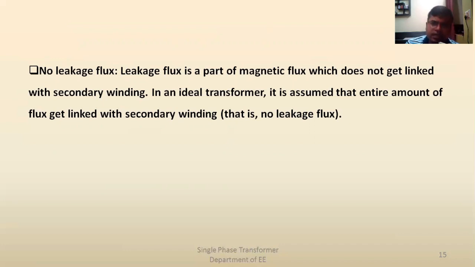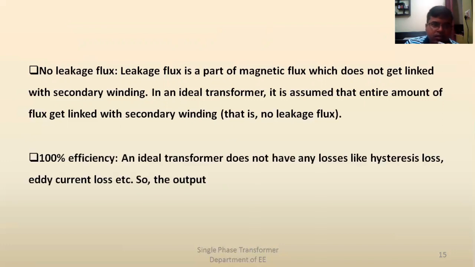Due to this, a certain voltage drop happens. We will take all this into consideration while deriving the equivalent circuit of the transformer, right? So in an ideal transformer, it is assumed that the entire amount of flux gets linked with the secondary winding, that is, no leakage flux.